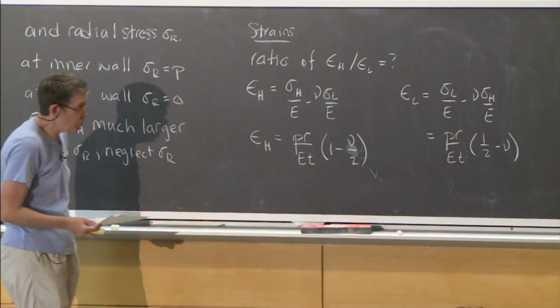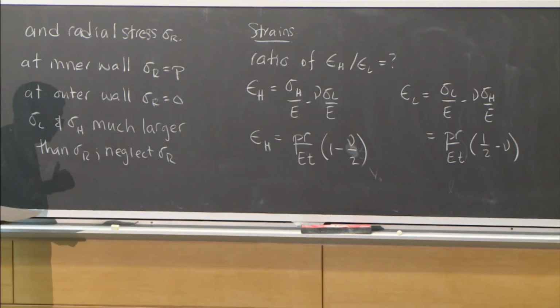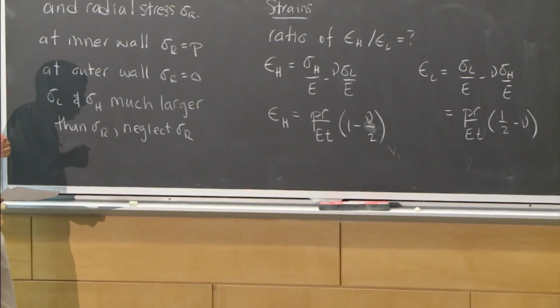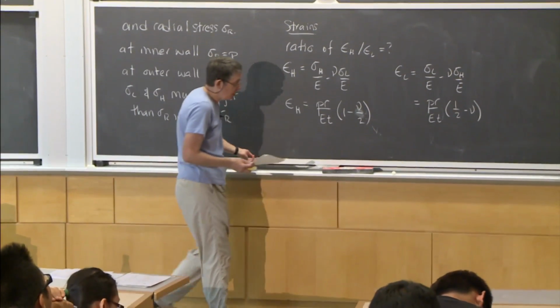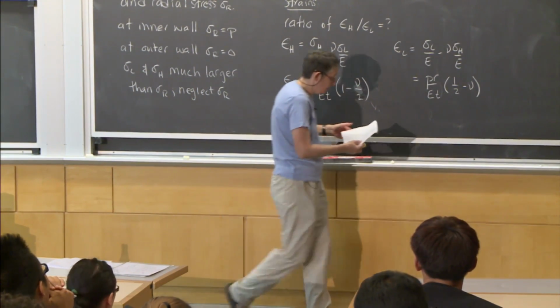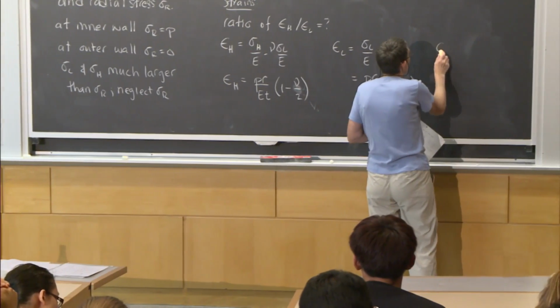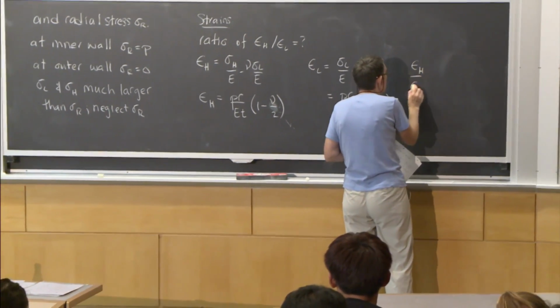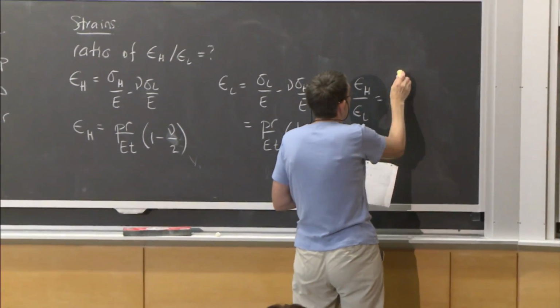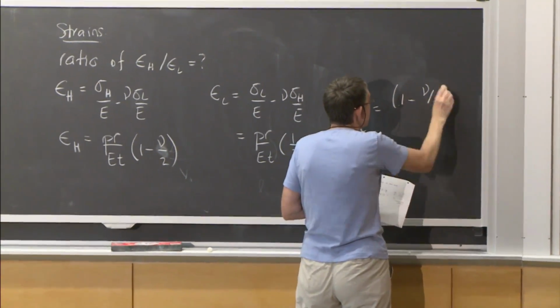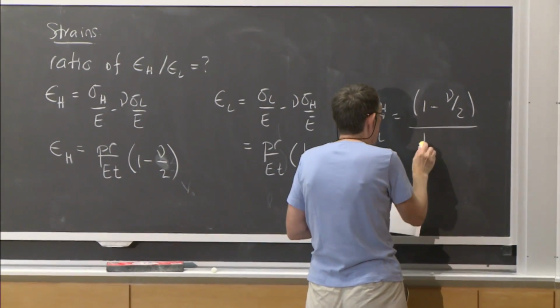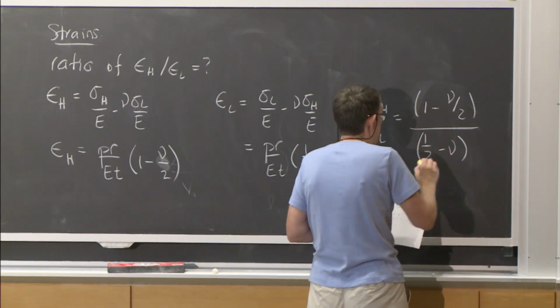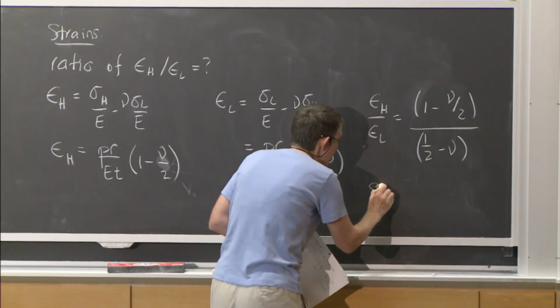And then the longitudinal strain, you just flip them around. You've got sigma L over E minus nu times sigma H over E. And you can get that expression there. And then if I take the ratio of the two of them, I get that.